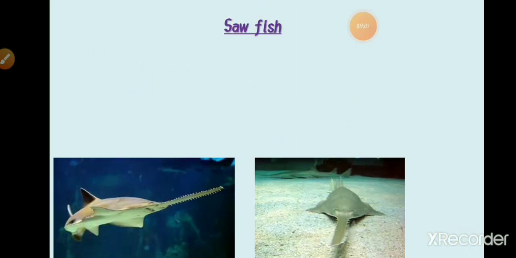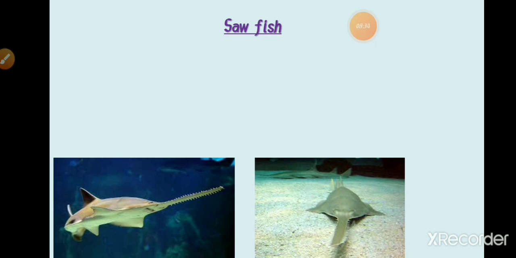Now the next is sawfish. In this picture you can see this fish has a long snout and it looks like a saw. Saw means ari, and you can see it in the carpenter shop, and they use it to cut wood.